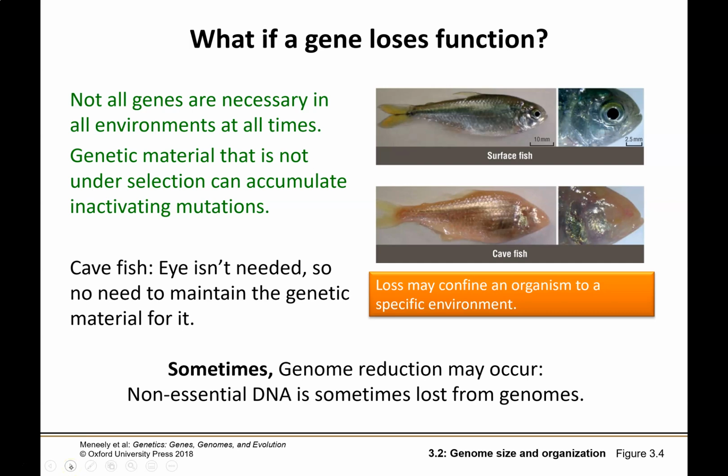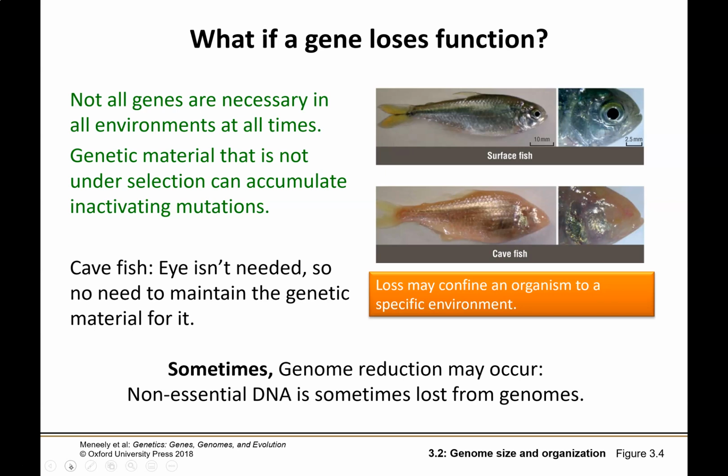All right, so let's say a gene actually loses a function. So all of your cells have all of the genetic information in your genome, but they don't use all of the genes all the time. And of course, environments change. So at one point in time, you might have a gene that's particularly useful, and then the environment changes.